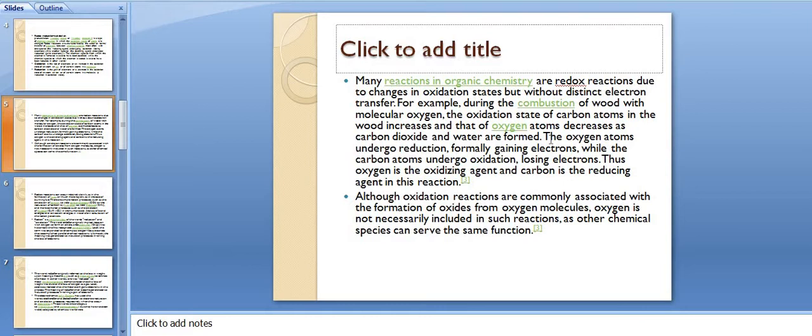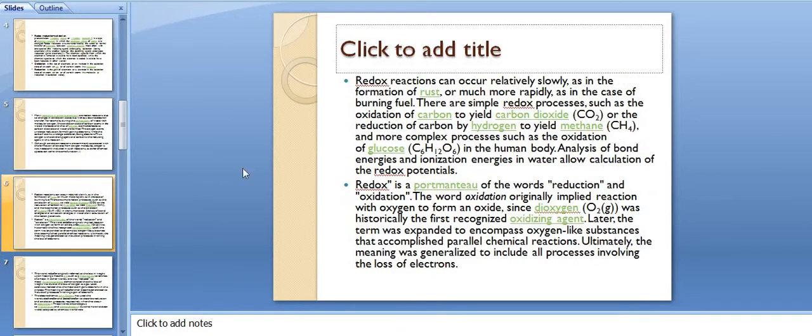Although oxidation reactions are commonly associated with the formation of oxides from oxygen molecules, oxygen is not necessarily included in such reactions as other chemical species can serve the same function. Redox reactions can occur relatively slowly as in the formation of rust or much more rapidly as in the case of burning fuel.